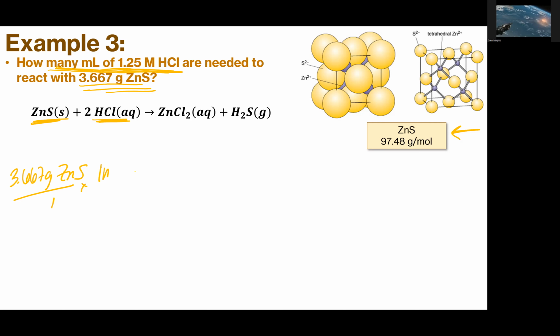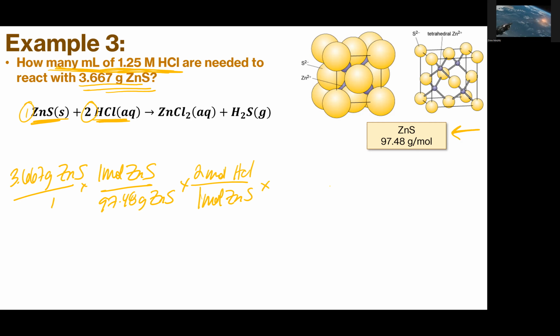We're given the molar mass, so 1 mole of zinc sulfide is 97.48 grams of zinc sulfide. Now our equation tells us 1 mole of zinc sulfide needs 2 moles of HCl, right? That's our coefficient. So 1 mole of zinc sulfide for 2 moles of HCl.